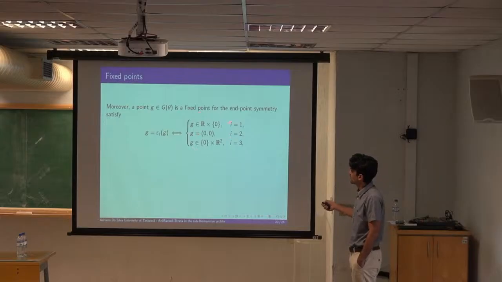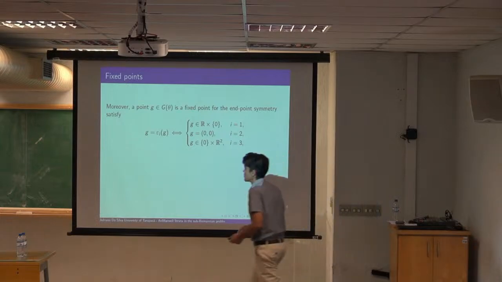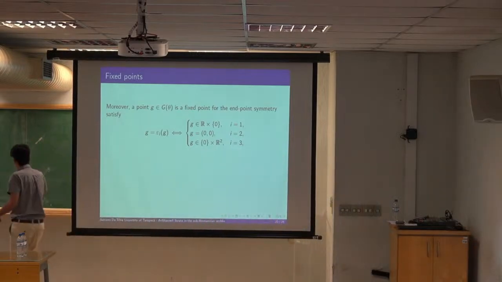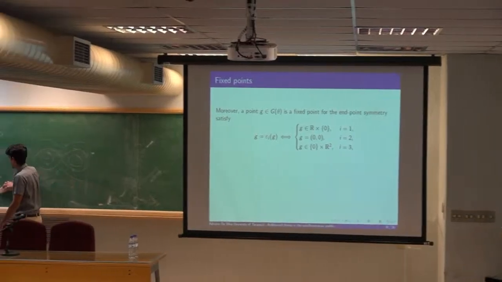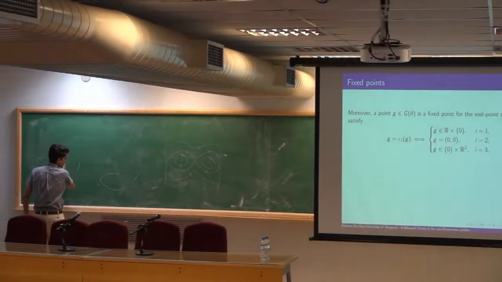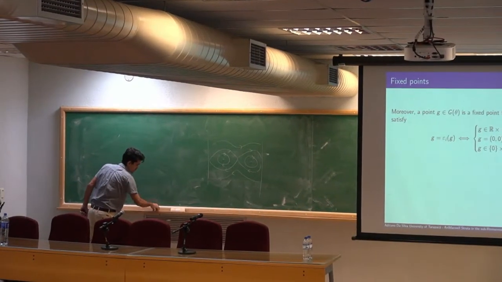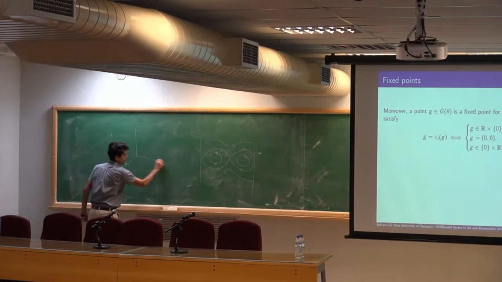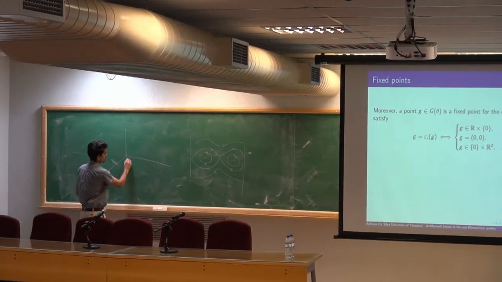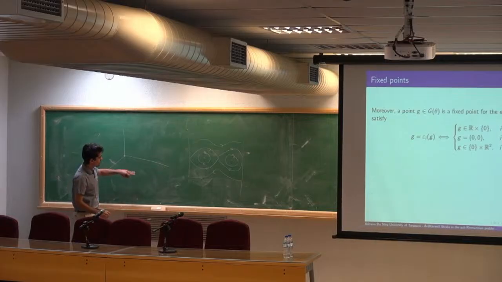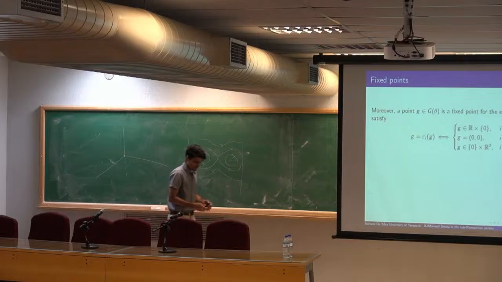If you have symmetry 1, you are on the axis. If you have symmetry 2, you are actually at the origin. And if you have symmetry 3, basically you go back to the plane. So the Maxwell set basically lives on this plane union with the real line.